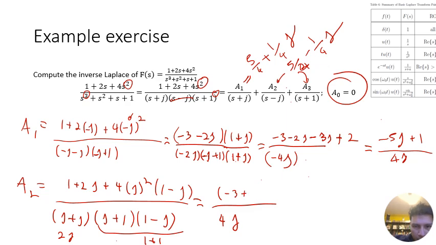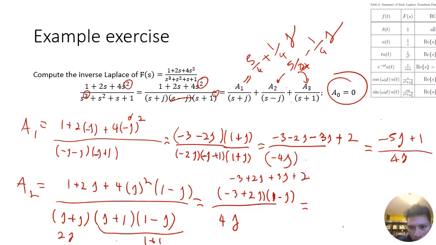And then here we have negative 3 plus 2j times 1 minus j. So that's just going to give us negative 3 plus 2j plus 3j, right? And then j times minus j becomes plus 2.